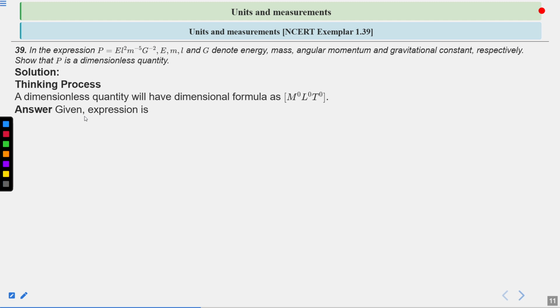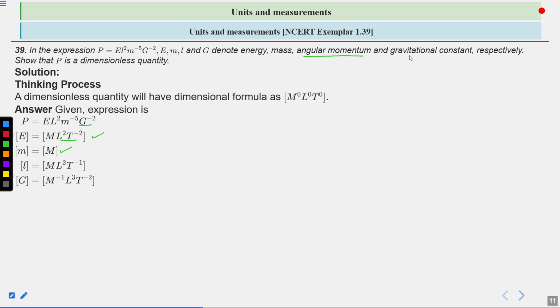Solution. So the given expression is P is equal to E L square m raised to the power minus 5 G raised to the power minus 2. So here the dimension formula of E is M L square T raised to the power minus 2. Dimension formula of m is M, the dimension formula of mass is M in square brackets. Dimension formula of L, here L is angular momentum, so it will be M L square T inverse.